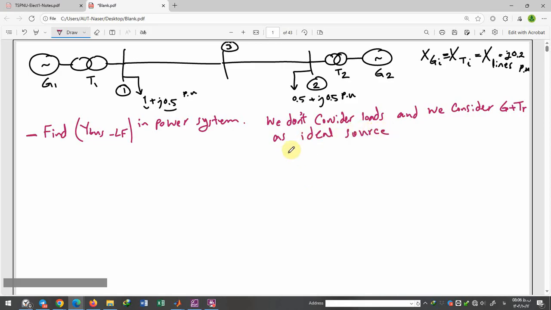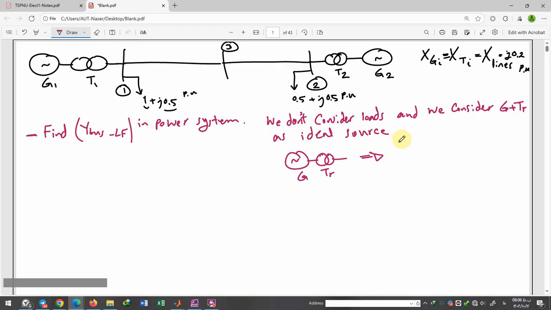So if we have a generator and a connected transformer, we use the equivalent of an ideal source for finding the Y-bus in load flow.